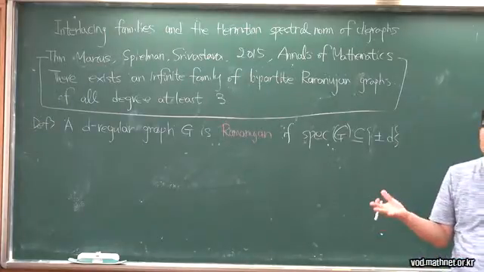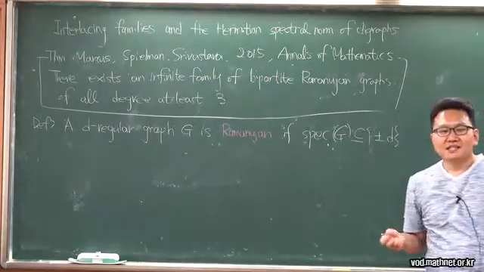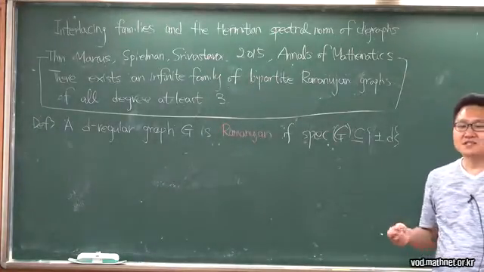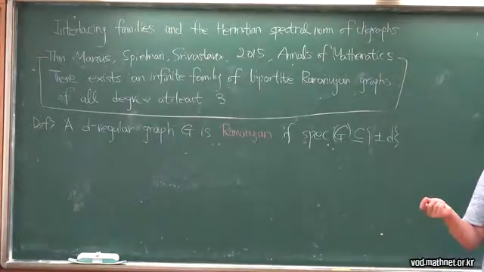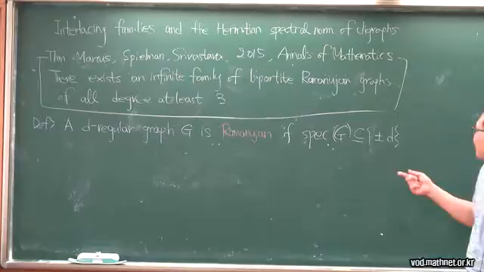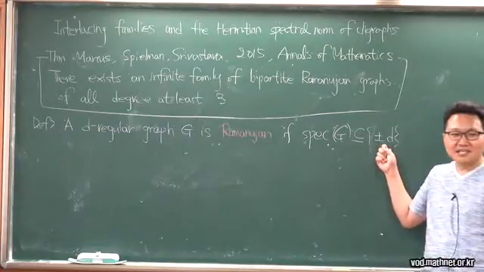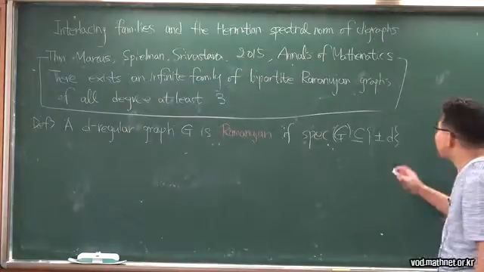The largest eigenvalue of a d-regular graph is d, and if a graph is bipartite, then the eigenvalues are symmetric about 0, so it is also possible to have minus d. These are just the trivial eigenvalues.